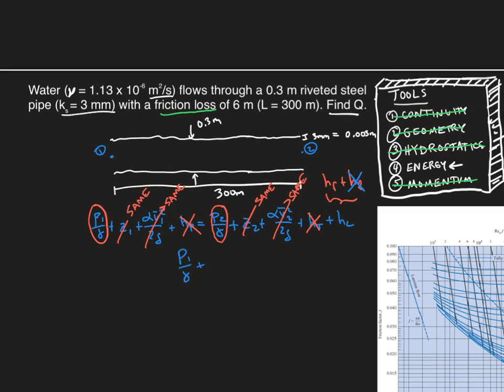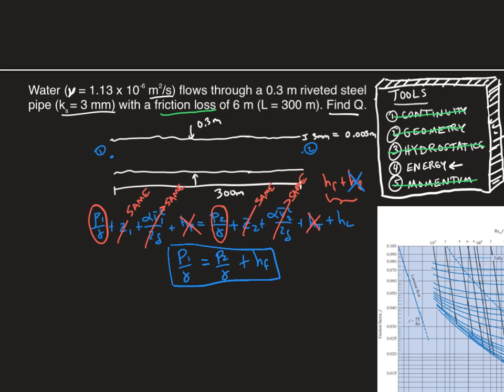So we end up with P1 over gamma equals P2 over gamma plus HF. Okay.